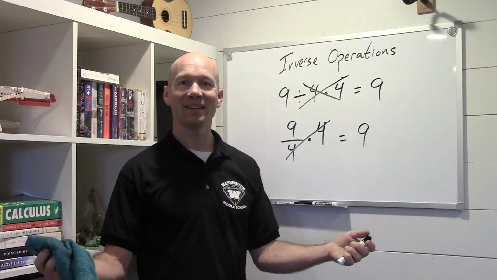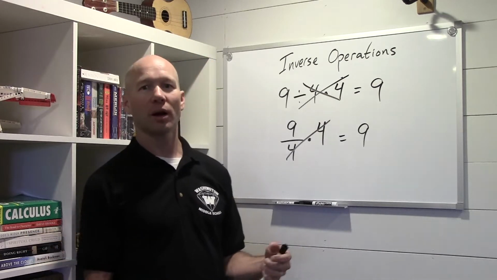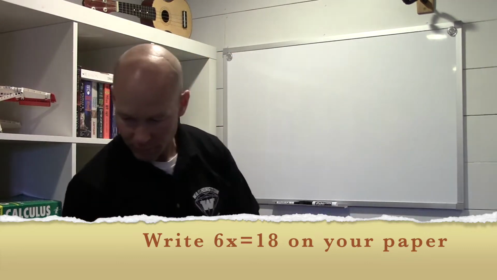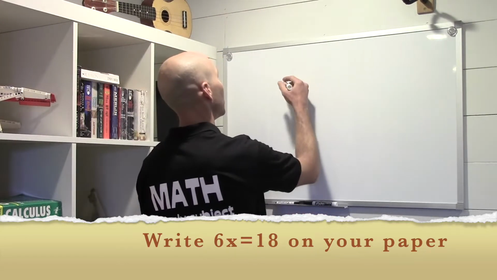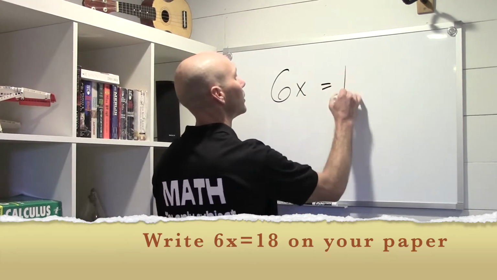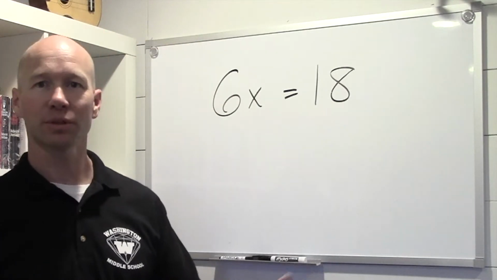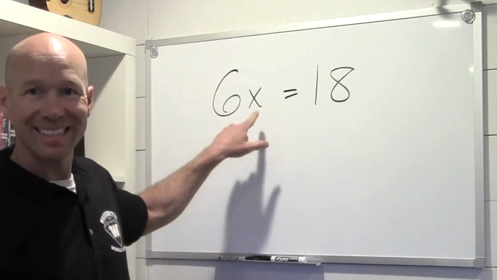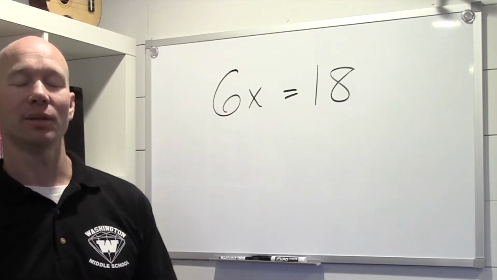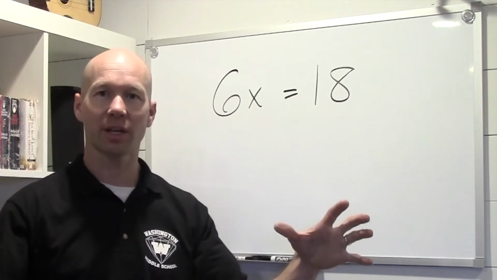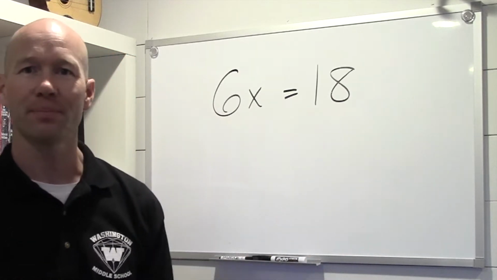Alright, so what does that mean for the algebraic problems that we're going to be doing today? Go ahead and write this out: 6x equals 18. So I mean 6 times x equals 18. How can I visualize this so we can understand what we're doing here today?